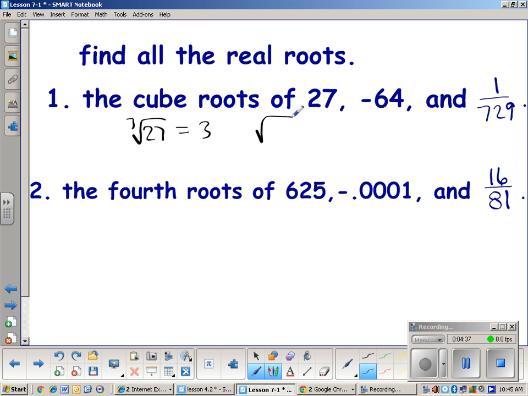So what's the cube root of negative 64? Can we have a cube root of a negative number? Yes. A negative times a negative times a negative will give me a negative number, right? So what times itself will give me 64? 4. And so the answer here is negative 4. Okay?